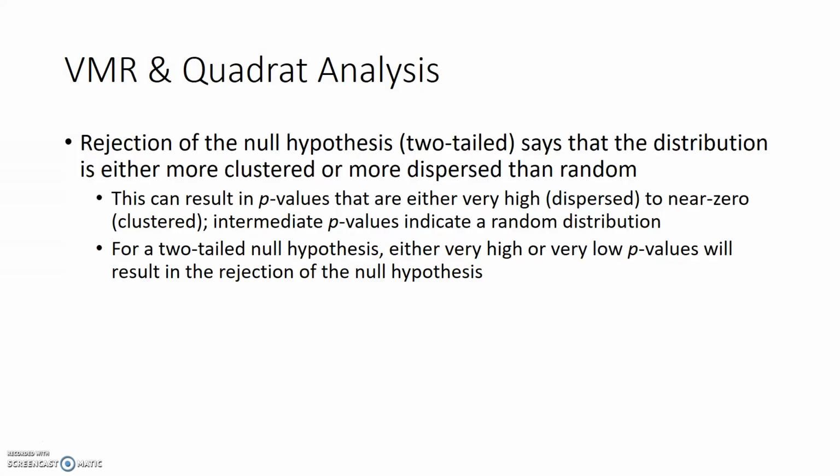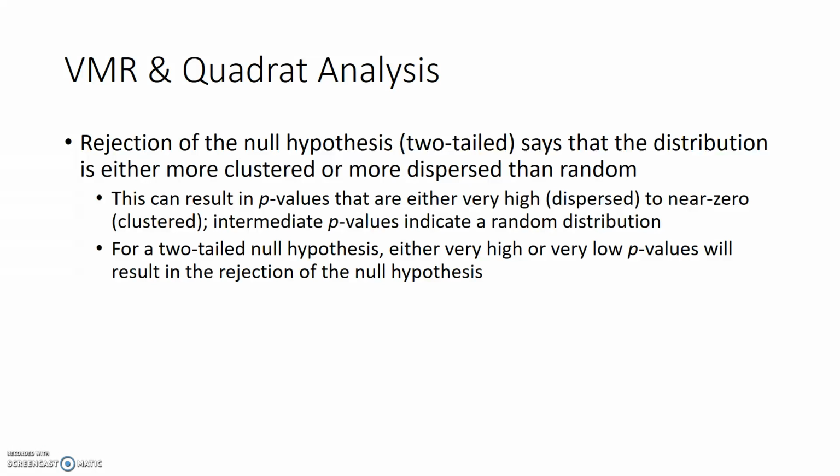So rejection of our null hypothesis in a two-tailed approach is going to say that the distribution is either more clustered or more dispersed than random. If we're going with the two-tailed approach, we don't have any expectation coming in of one way or another. We're just trying to say that it's not random. So this can result in p-values.